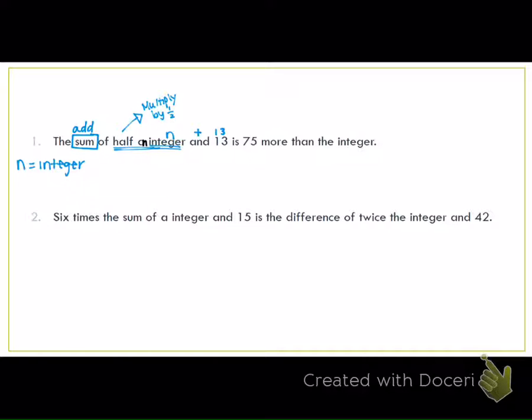Oops, I just got your stuff. I'm sorry. What does is mean, Maddie? Equals. Okay, good. So equals 75 more than the integer. So more than means you're going to do what, Myra? You'll add, but it adds at the end, okay? So more than means you add 75 at the end.